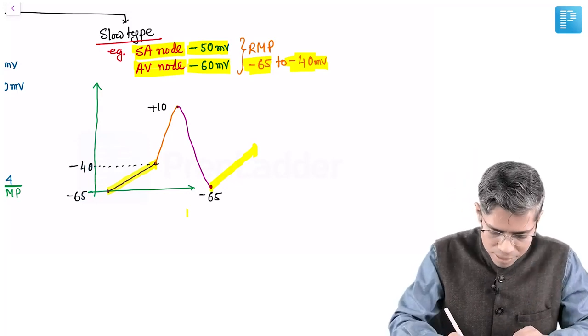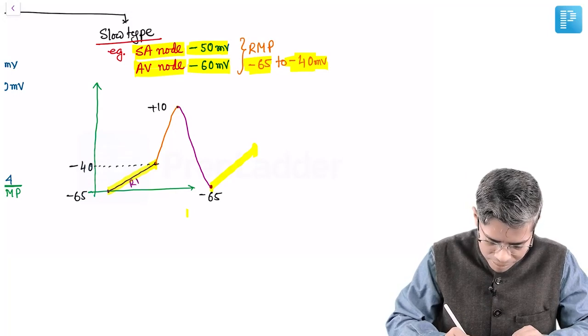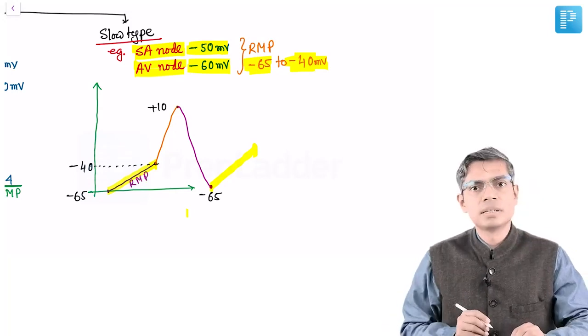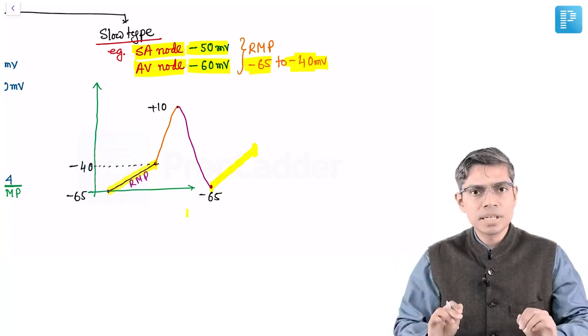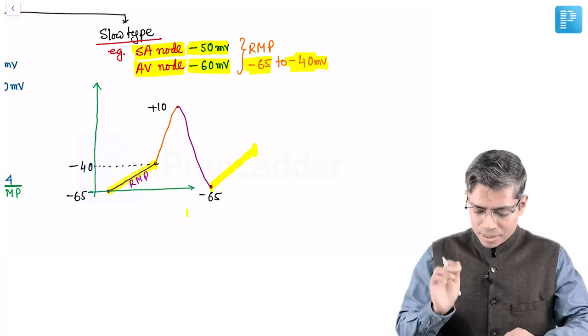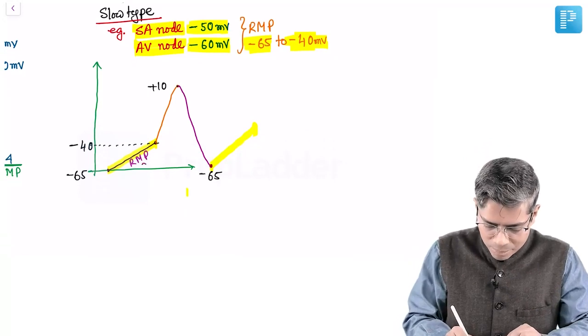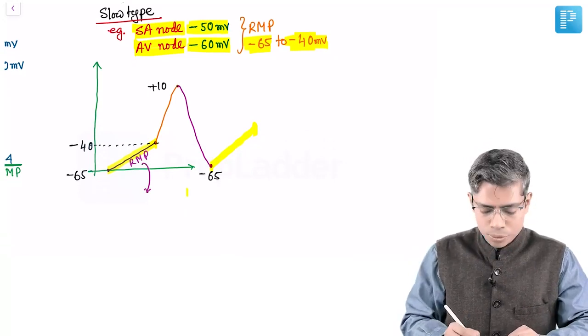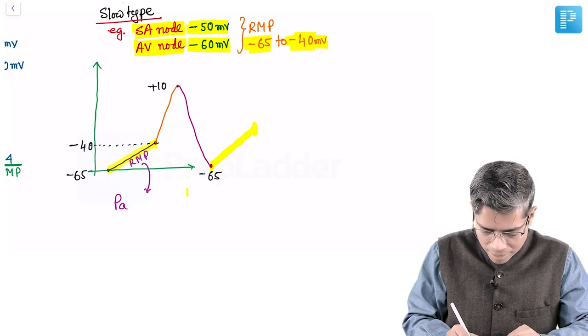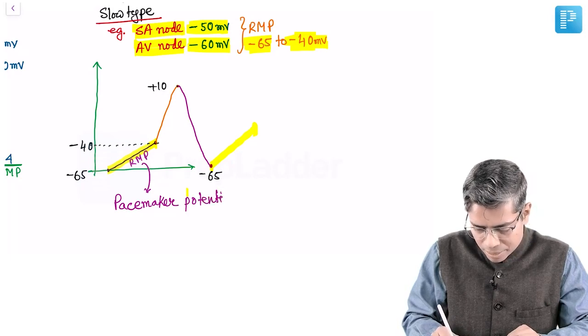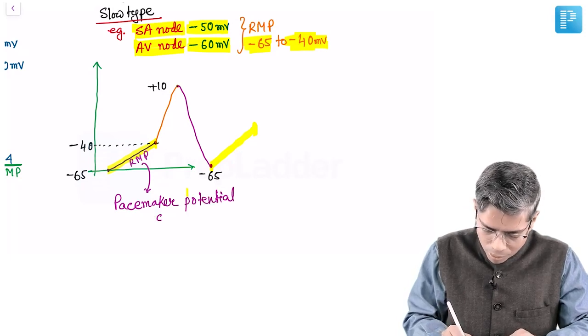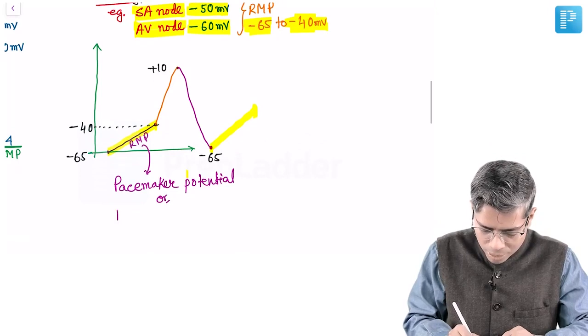This unstable membrane voltage is like the resting membrane voltage. Listen carefully. This part, if I mark here, is like the resting membrane voltage, but it is not a stable one. It's an unstable resting membrane voltage in case of nodal tissue. This unstable resting membrane voltage in nodal tissue is also known as pacemaker potential, or more commonly known as pre-potential.